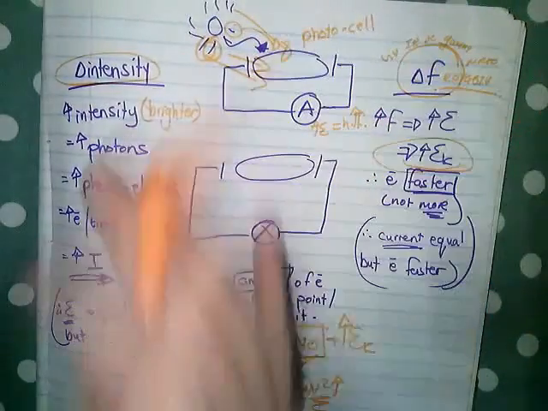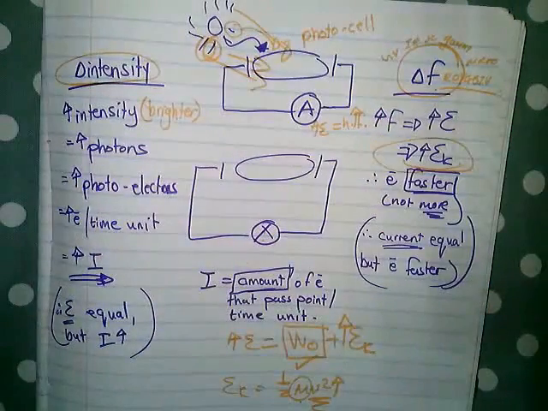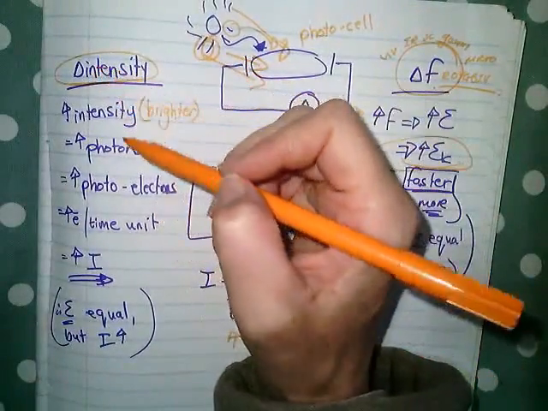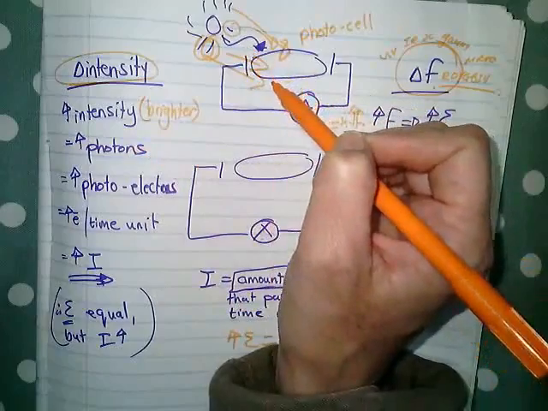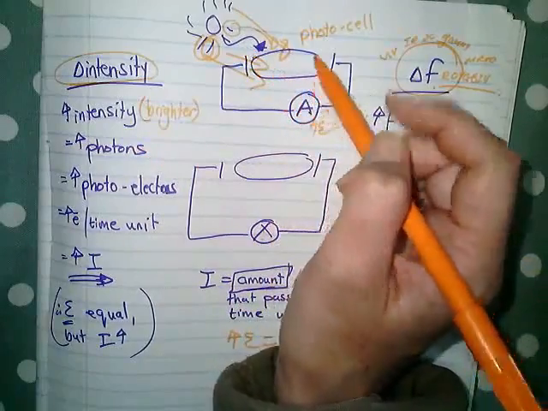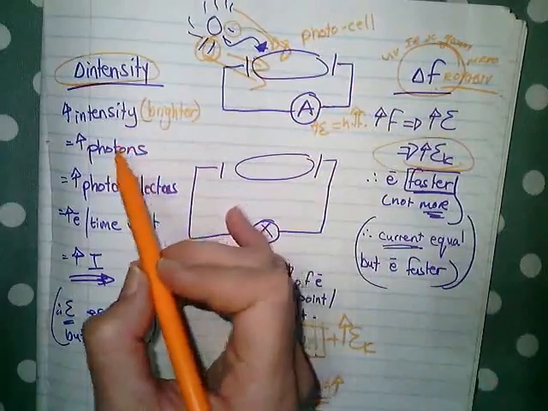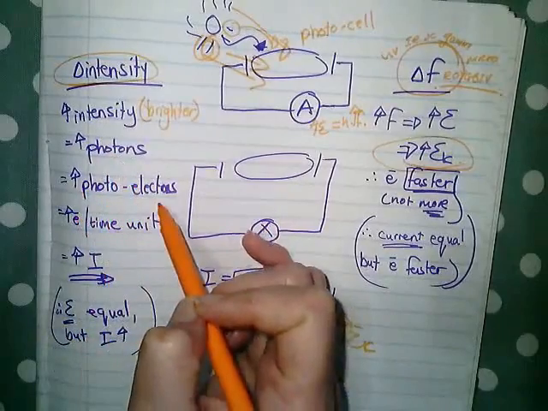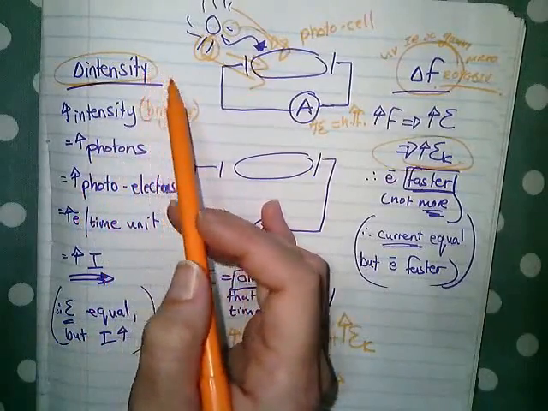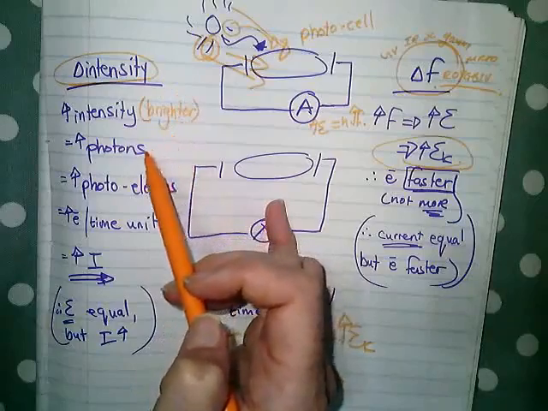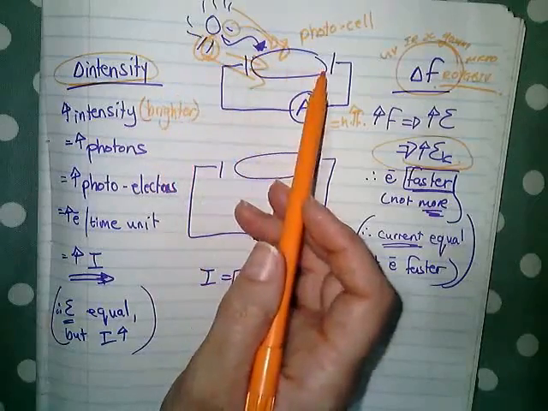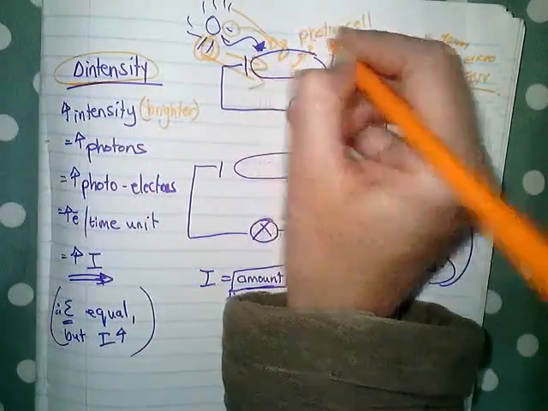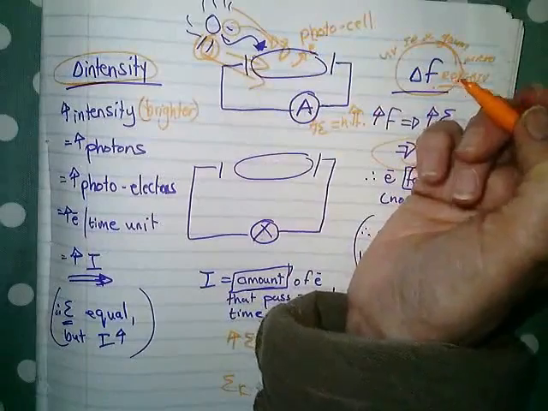It's actually millions at a time, but for simplification, when we increase the intensity, we are increasing the amount of photons that reach this metal. Now, each 1 photon releases 1 photoelectron. So if we increase the intensity, we make it brighter. We increase the amount of photons that reach the metal, and therefore we increase the amount of photoelectrons that will be ejected.